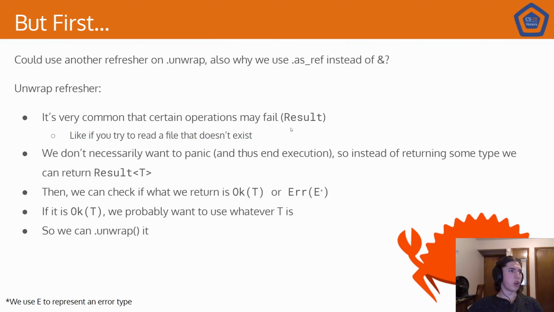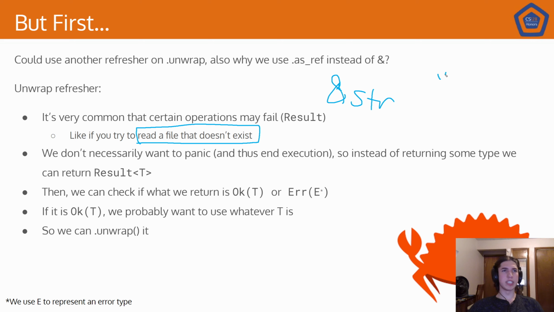So, quick refresher on unwrap. It's very common that we have some operations that might fail. If we try to read a file, but that file doesn't exist, we don't necessarily want our program to panic, so we might want to create that file if it doesn't exist. Normally we would return some string reference which represents the contents of that file.